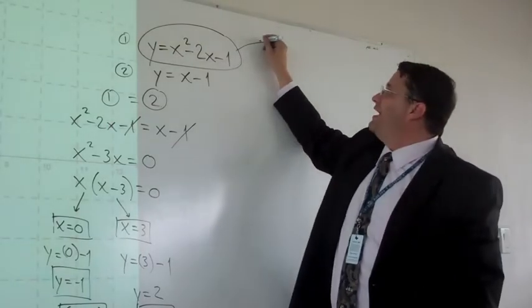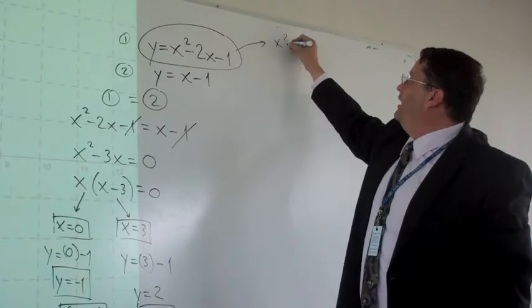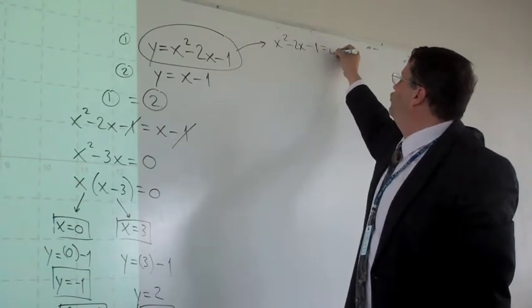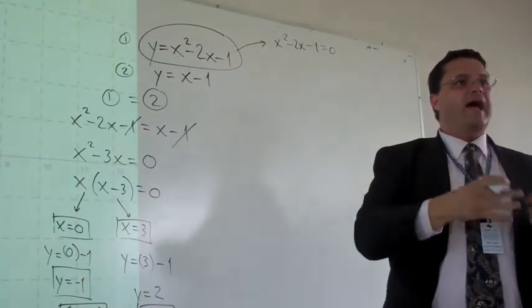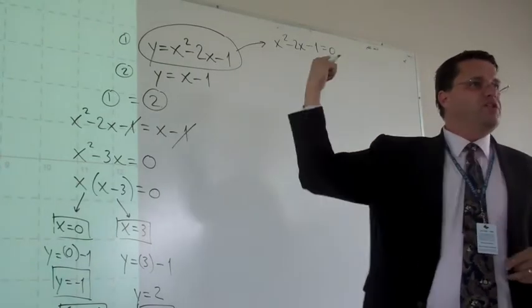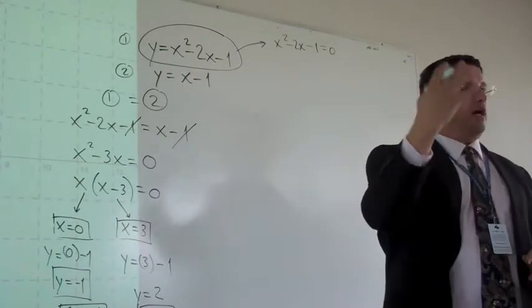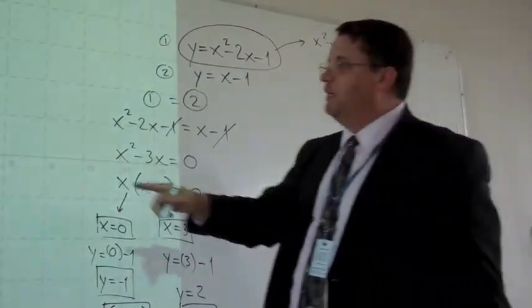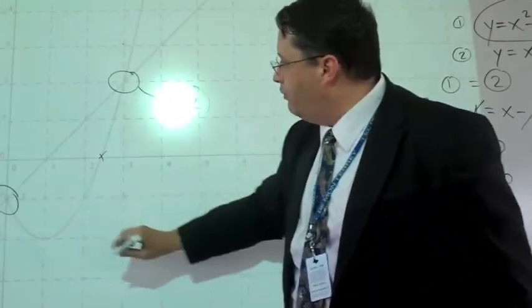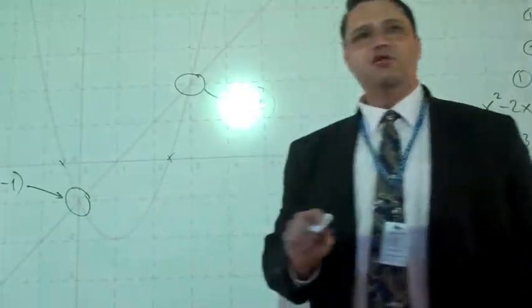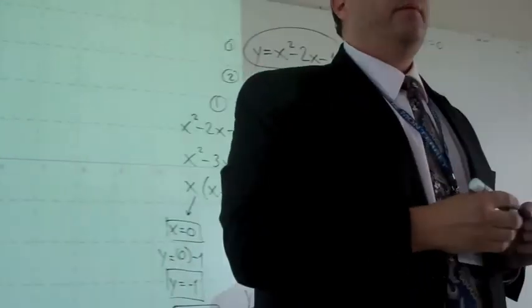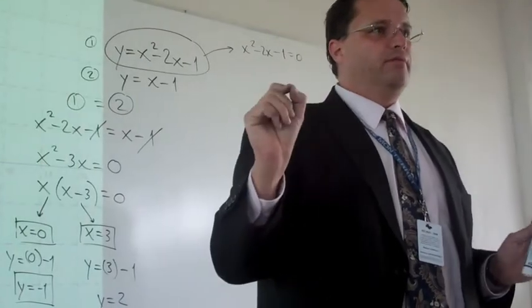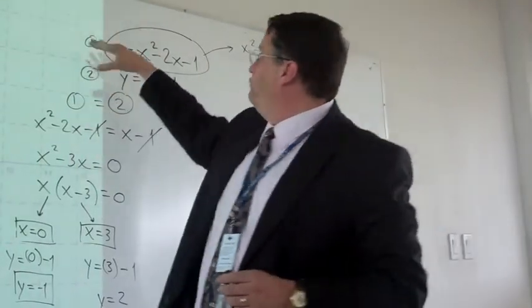If we solve this by itself, we would set this equation equal to 0, and then by either factoring, which in this case we can't, or using the general formula, or completing the square, we would find the intersection points. In this case, it does have intersection points, but they are not nice whole numbers.